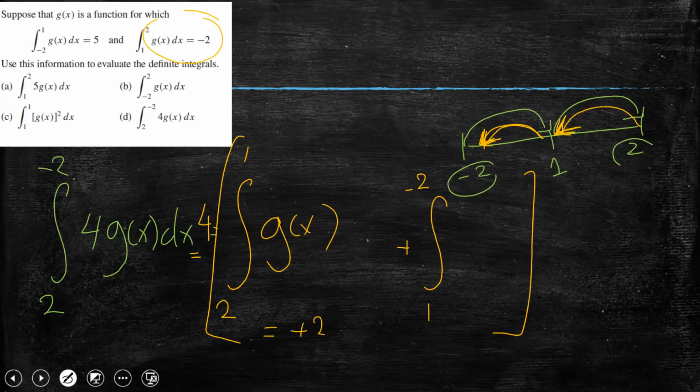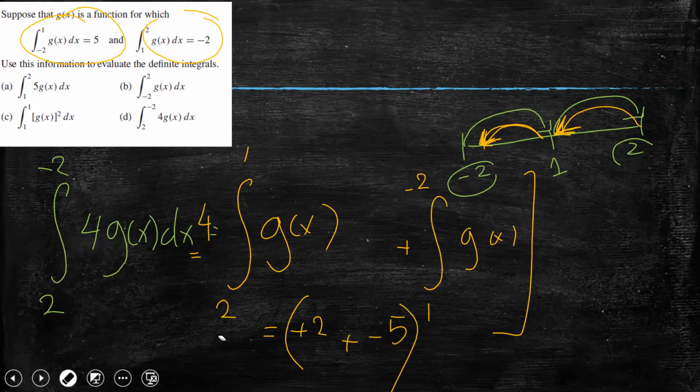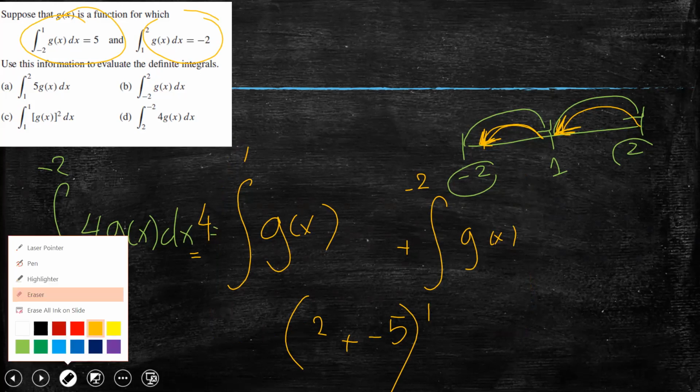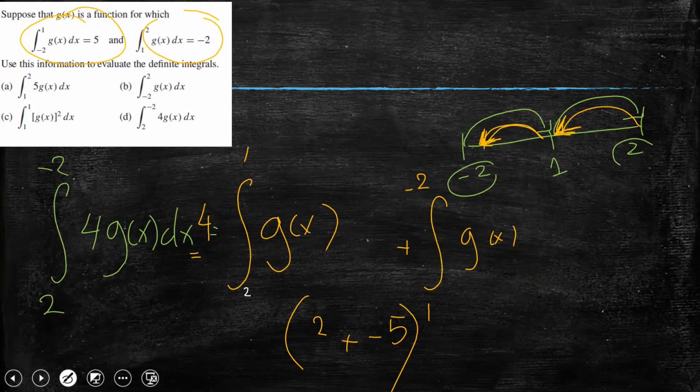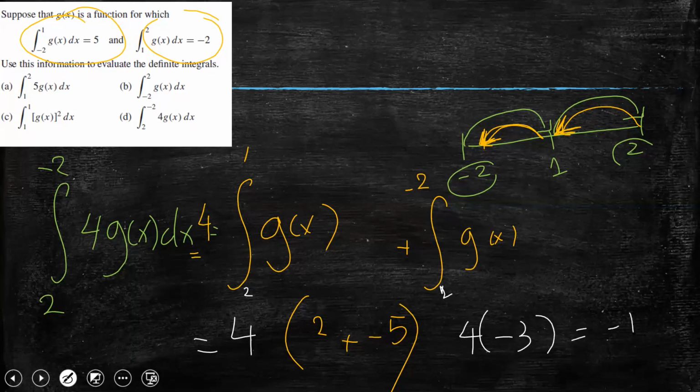Plus the integration from 1 to -2, it will be -5 because from -2 to 1 is 5. So now, times 4, it is 4 times -3, which is -12.